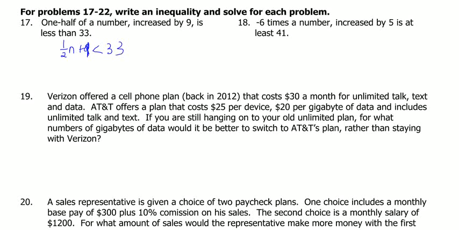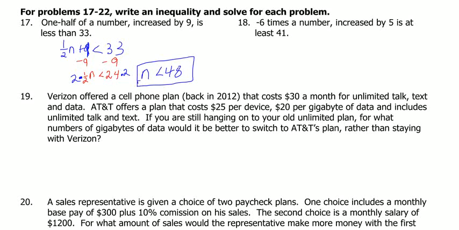Alright, so we're going to start by subtracting the 9 from both sides. And that's going to be 1/2 n less than, let's see, 24. And then we multiply both sides by 2, and that's going to be n being less than 48. And there is that answer.